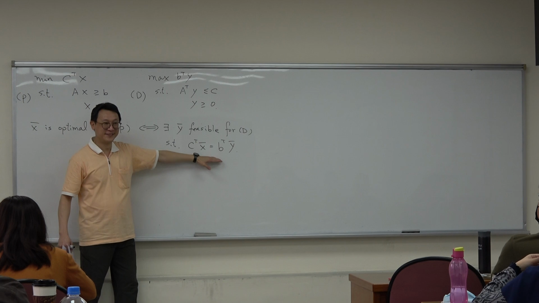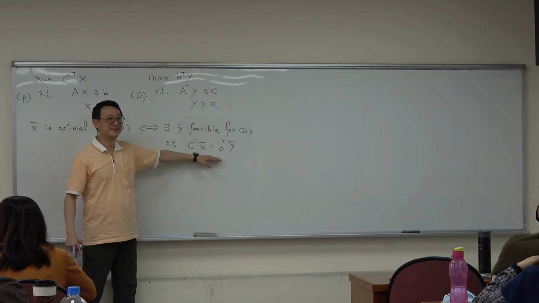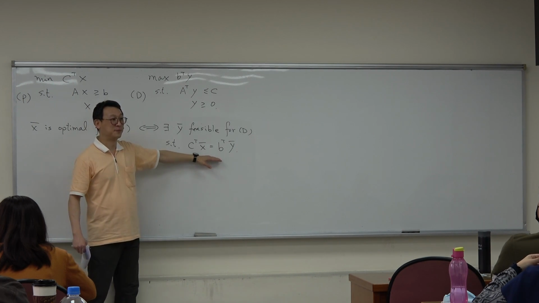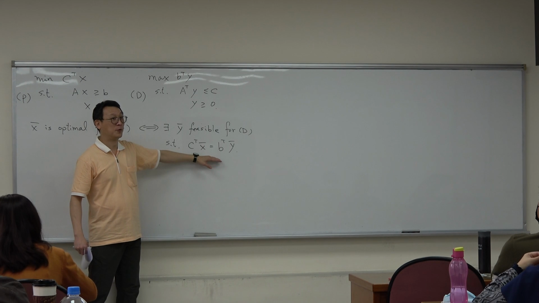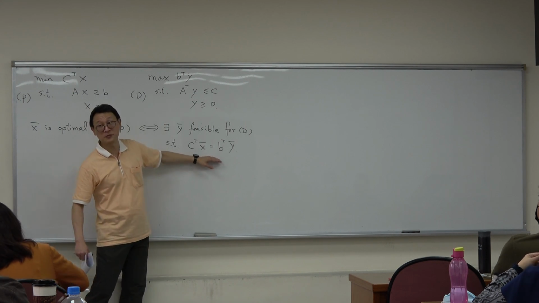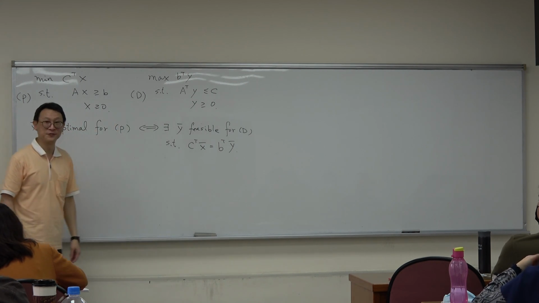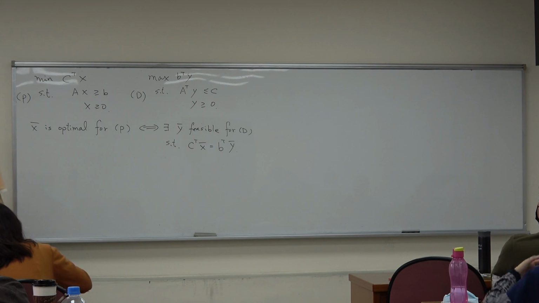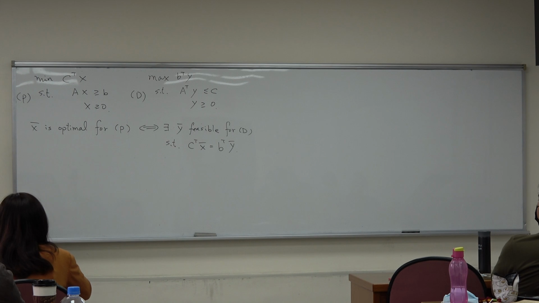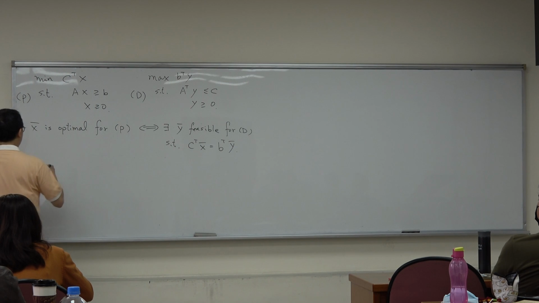If we find them, then we can guarantee x bar and y bar are the optimum solutions. That's the following discussion, and that's what you already know. But we just start from what you already know. So that's the following topic, duality.